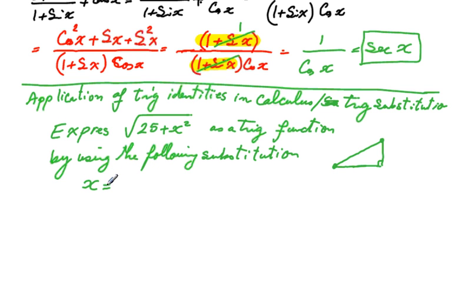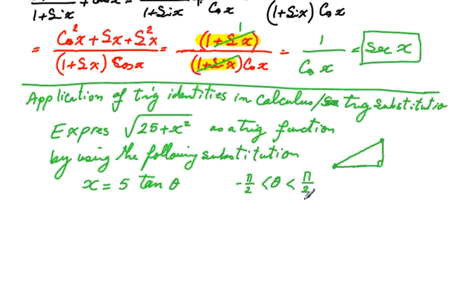X is equal to, say, 5 tangent of theta. Assume theta is a quantity, so x is some real number. For some reason it has shown up in radical 25 plus x squared.